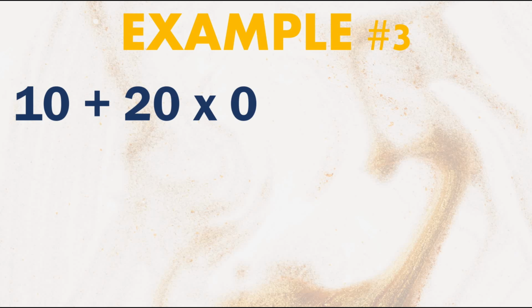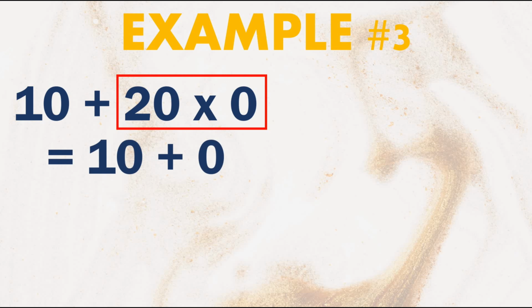Next, example number 3: we have 10 plus 20 times 0. By PEMDAS, there are no parentheses, no exponent, no division, but we see multiplication and addition. So we do the multiplication first. 20 times 0 is 0, and 10 plus 0 is 10.